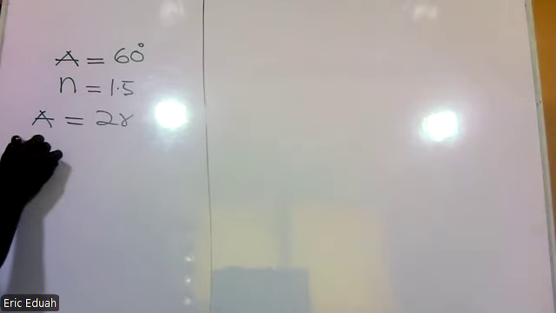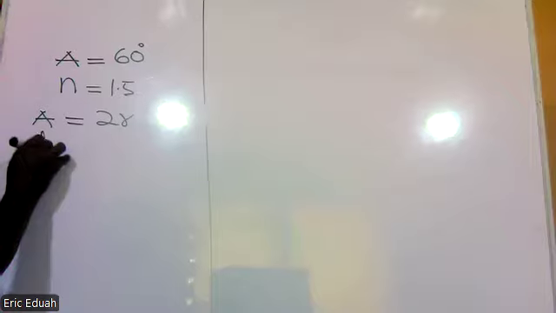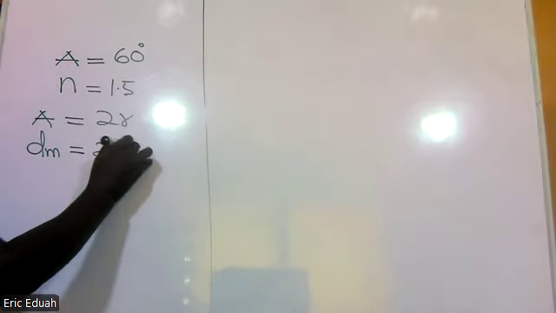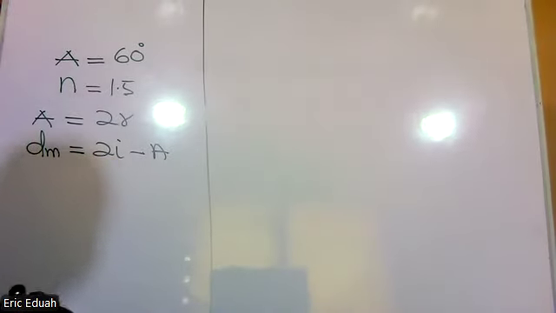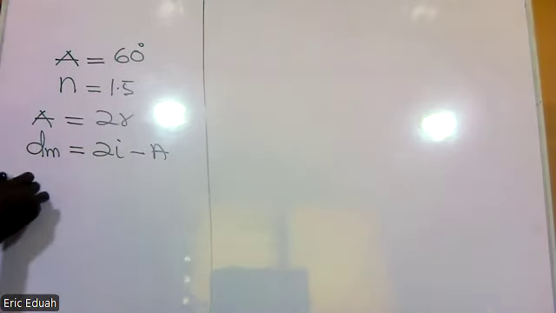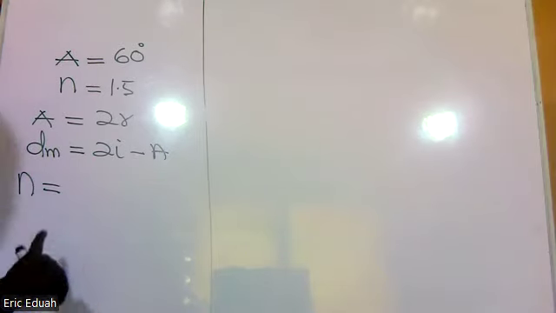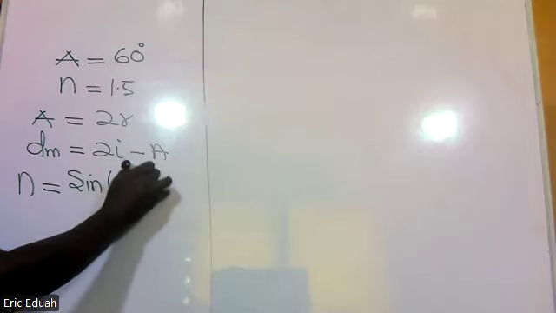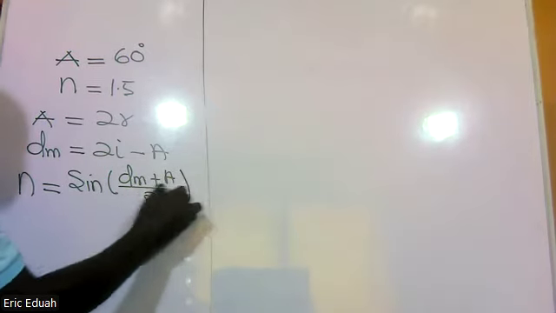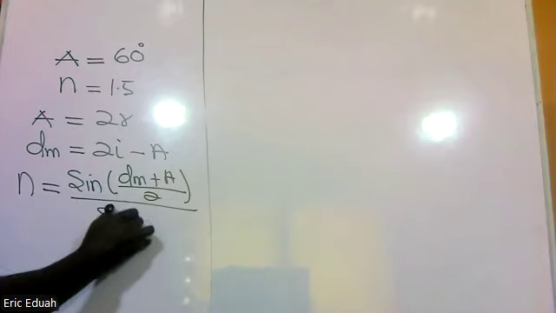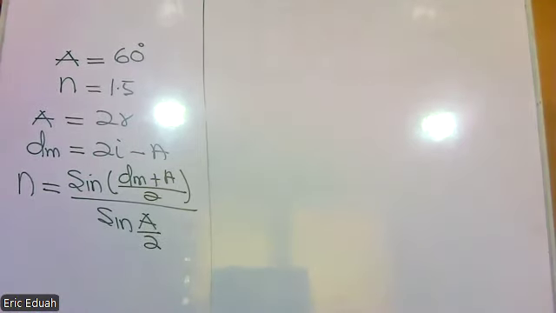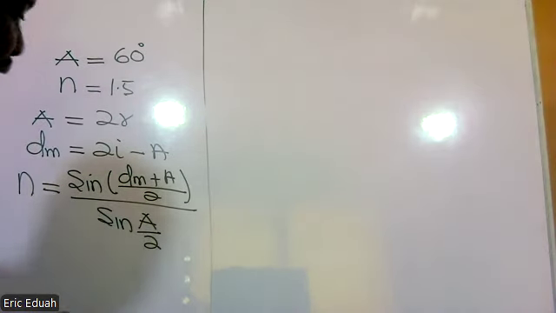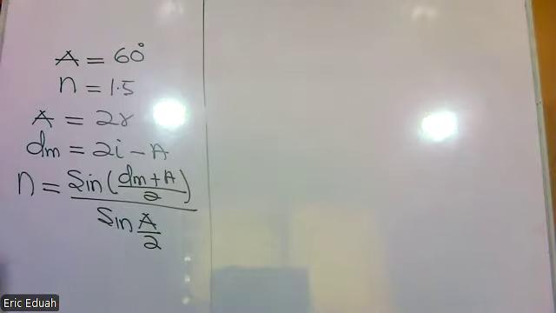We also know that the minimum deviation, D minimum, would be equal to 2I minus A. And we can also deduce that the refractive index can be expressed as sine of (D minimum plus A) all on 2, all divided by sine of A on 2. So we have to calculate for the angle of incidence.